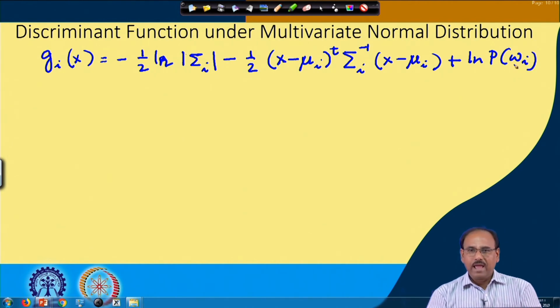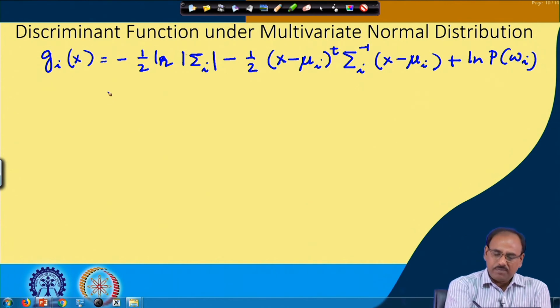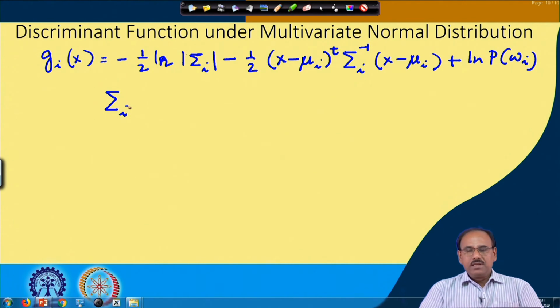Now, here I can have different cases. Say, for example, this covariance matrix sigma I. In a specific case, if all the components of the feature vector x are statistically independent, then the covariance matrix that we get will be a diagonal matrix.